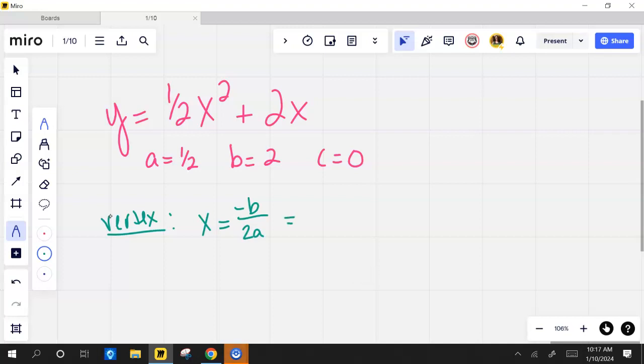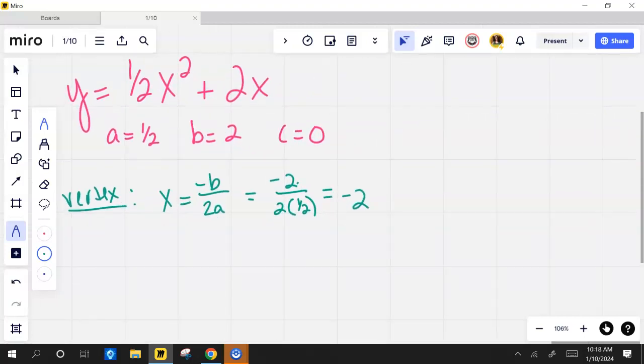So I have -2 over 2 times 1/2. This looks very similar to one we did just a minute ago. What do you get? -2 over 1, which is -2. Exactly right. -2 is the x part of my vertex, as well as the axis of symmetry. I always go ahead and put that on here.